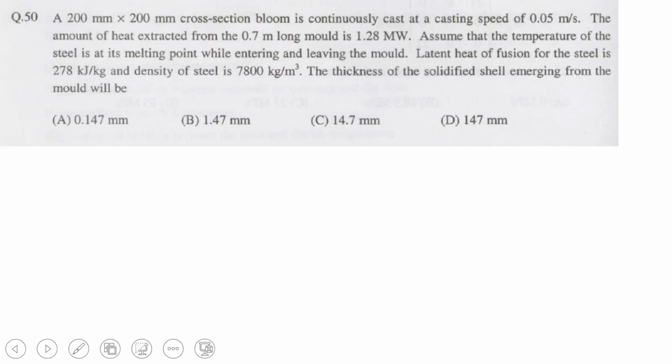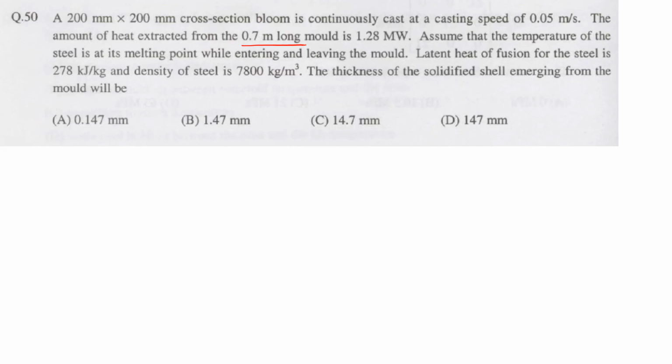Next, a 200 mm by 200 mm cross section bloom is continuously cast at a casting speed of 0.05 meter per second. The amount of heat extracted from the 0.7 meter long mold is 1.28 megawatt.